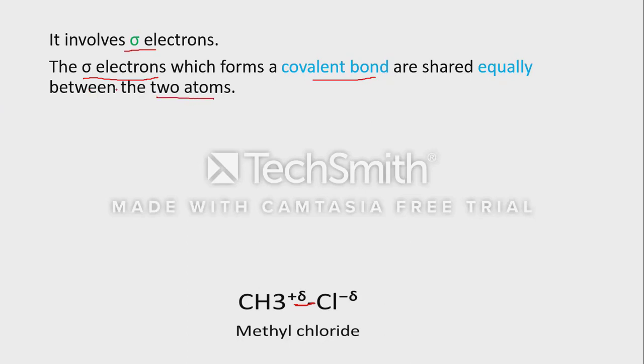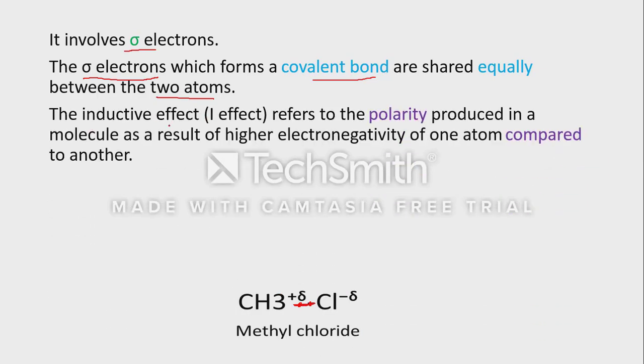This means the formation of this covalent bond is made up of two sigma electrons, and generally these two sigma electrons are equally shared between two atoms, meaning one sigma electron from methyl and one sigma electron from chlorine.